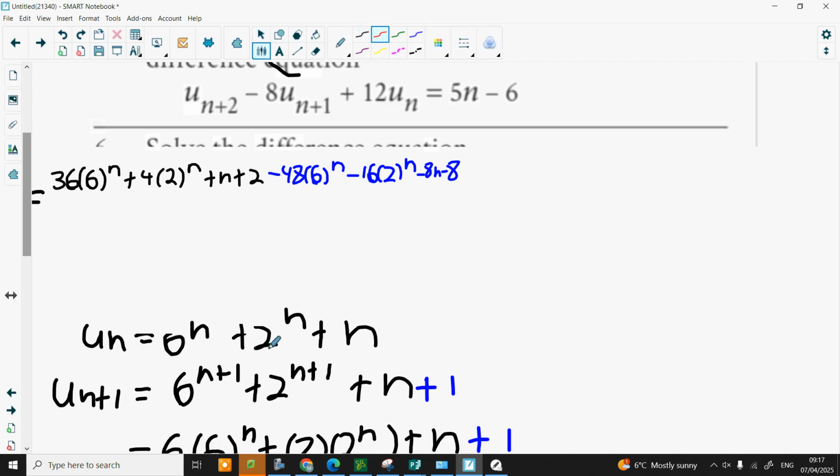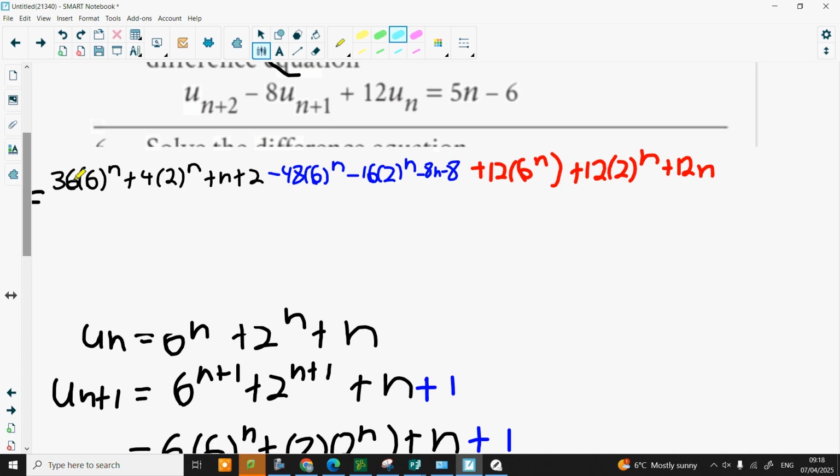Haven't done that yet, have I? So 12 un is going to be plus 12 times 6 to the power of n, yeah? And then plus 12 times 2 to the power of n. And then plus 12n. And the whole thing. Now we're just going to add all these together.